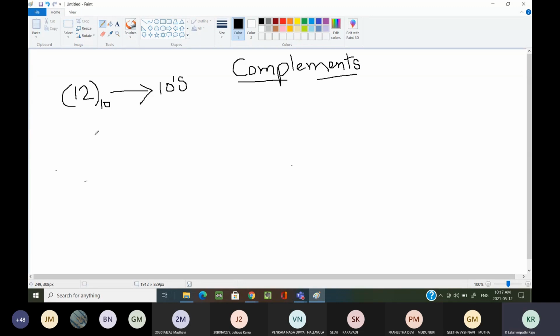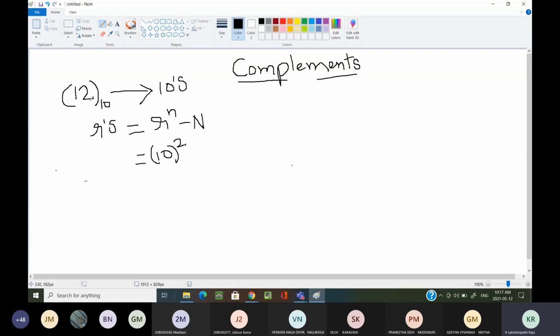Now, how are we calculating? The r's complement is equal to r power n minus N, where N is the given number. R here is 10, so 10 square. Why have I written 10 square?